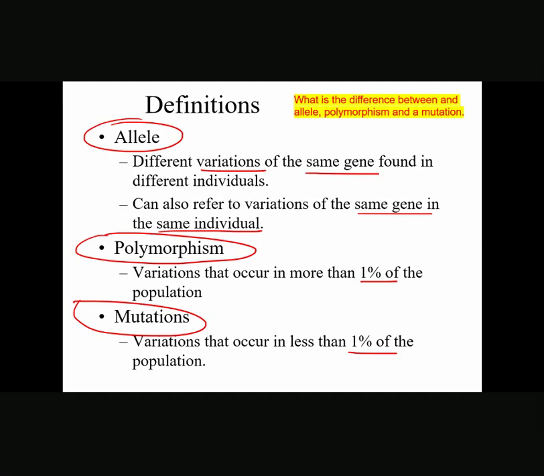We're really bad about these definitions because mutations get used much more frequently than 1%. But technically, anything that's more common than 1% is called a polymorphism, which is simply considered a variation in the population. A mutation means a rare difference.